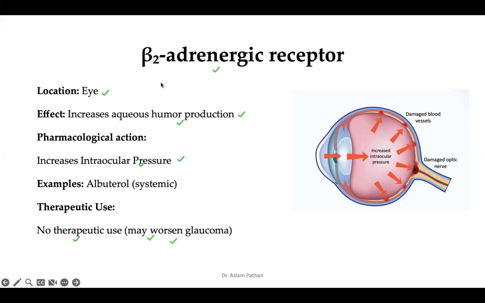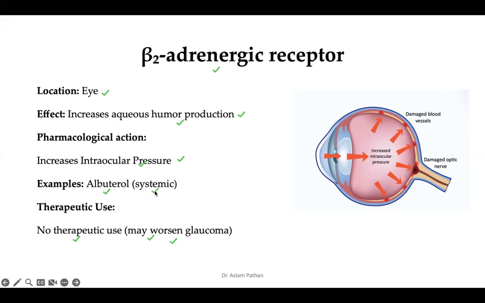Now, which is the beta 2 adrenergic receptor drug? Albuterol, or another name, salbutamol. Patients with asthma take albuterol or salbutamol for the management of bronchoconstriction. If it is taken by inhalation, it's okay.